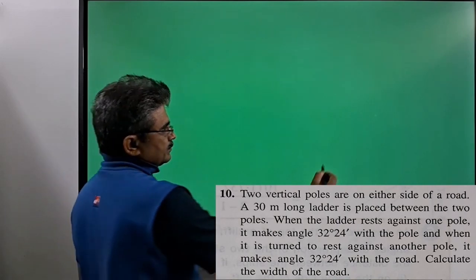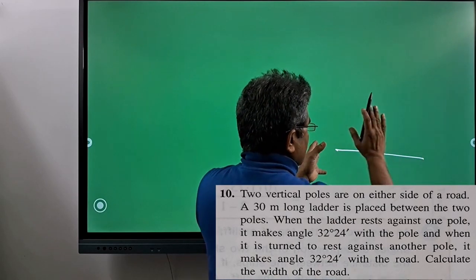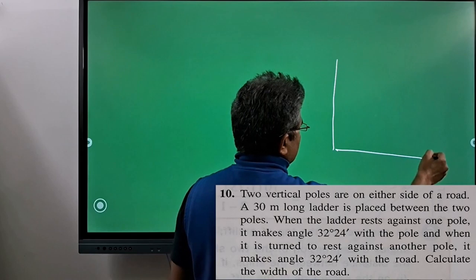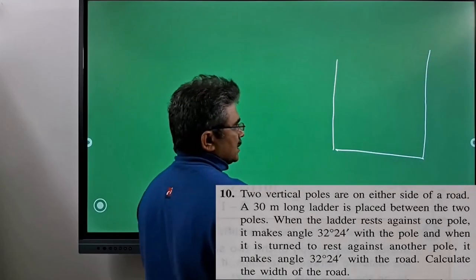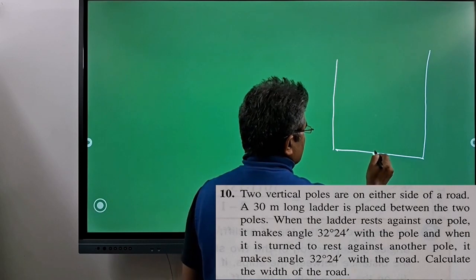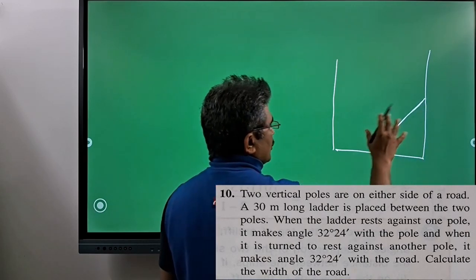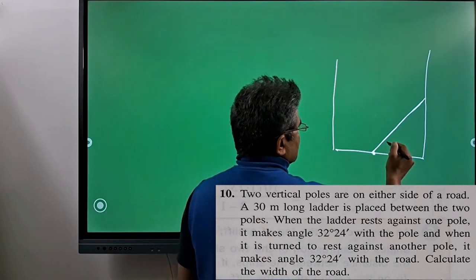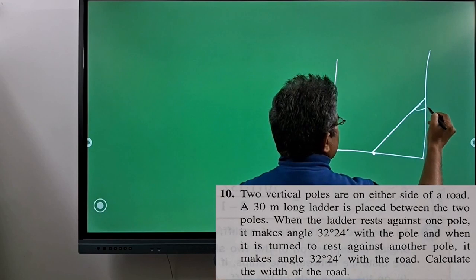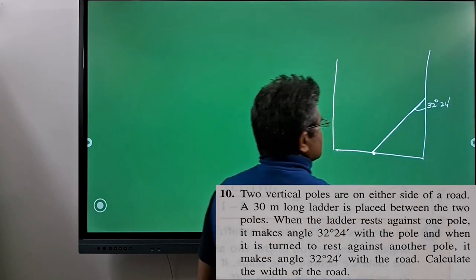So there is a road. Assume that you are walking on the road in this plane. Opposite sides are having two straight poles, and at a point on the road you are taking a ladder and you are keeping that ladder onto one pole, so that the angle made by this ladder with the pole will be 32 degrees 24 minutes.